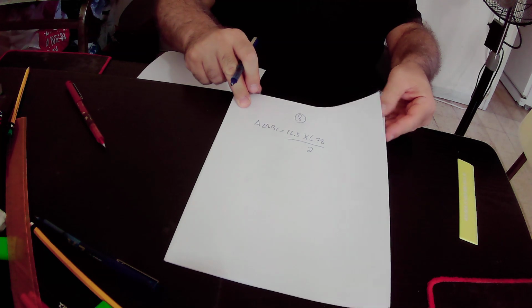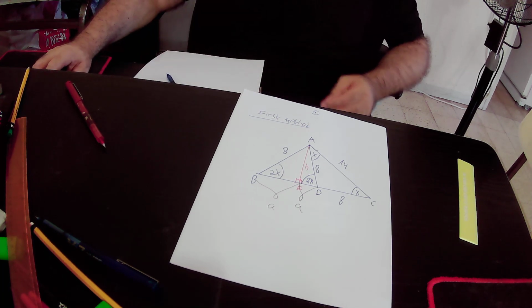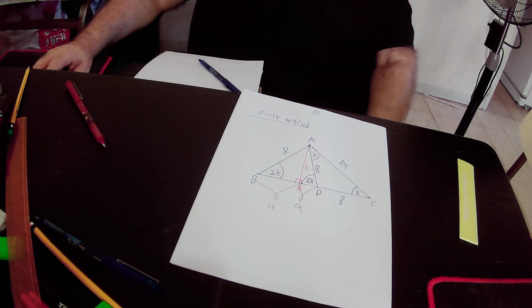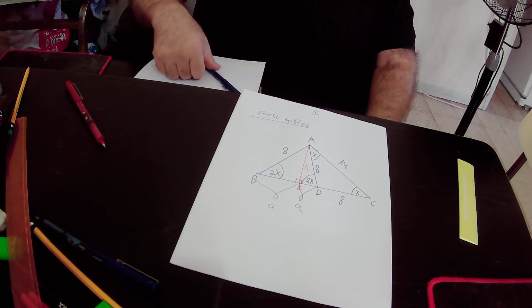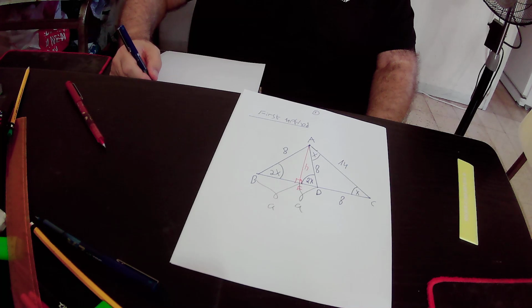So the area of triangle ABC will be equal to 55.935 square units.